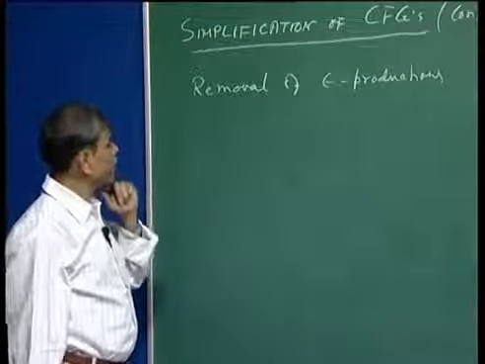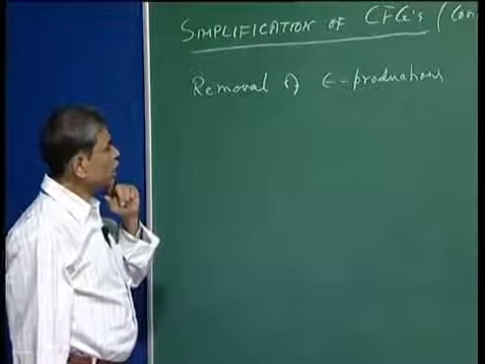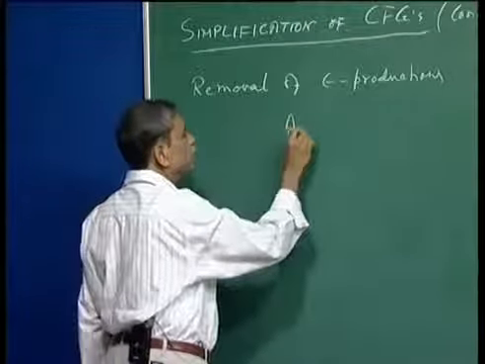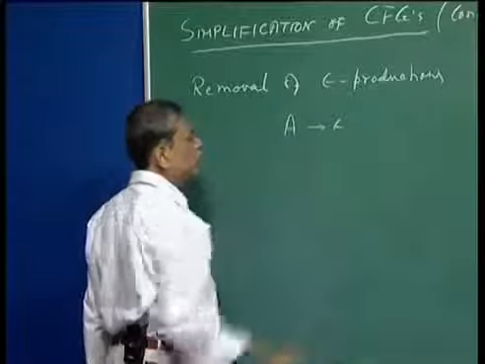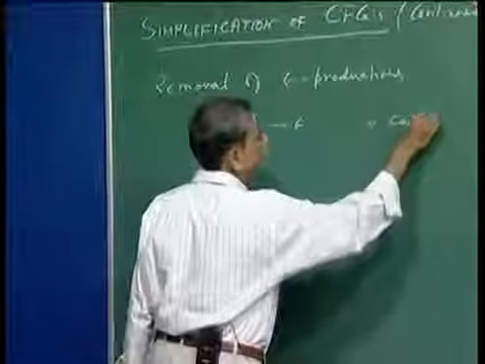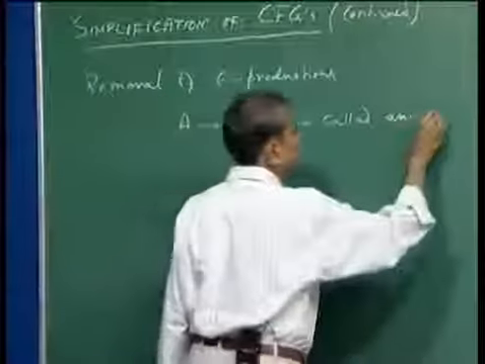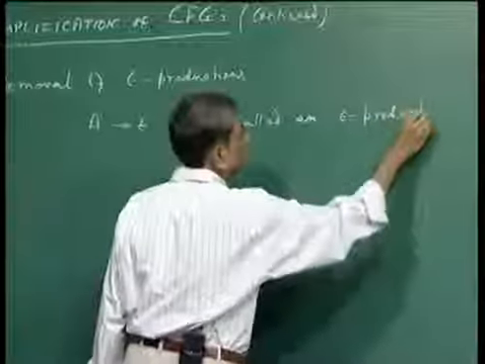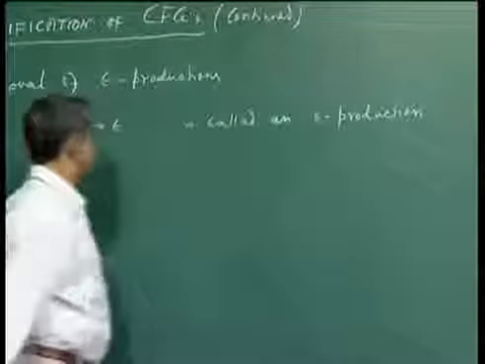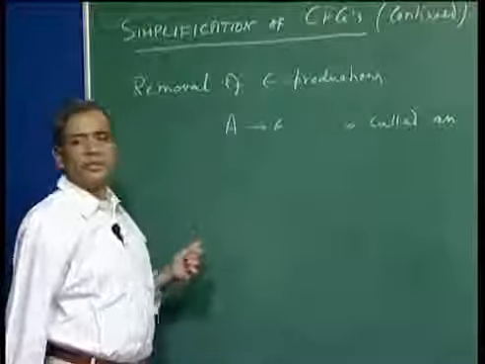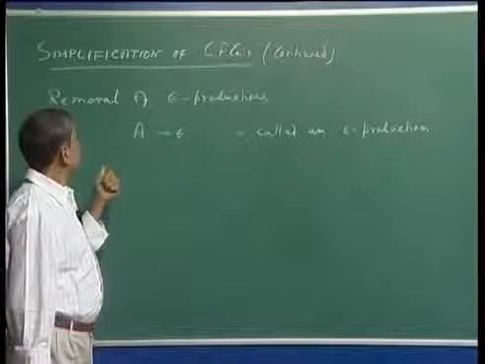First of all, the definition of epsilon production. Any production of this form, A goes to epsilon, is called an epsilon production. In such a production, the left hand side, as usual in case of CFGs, is a non-terminal.